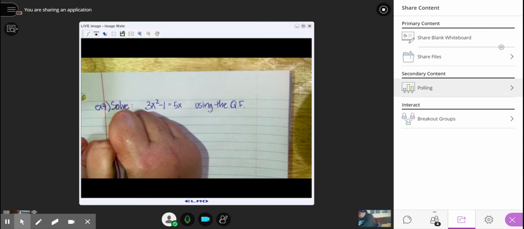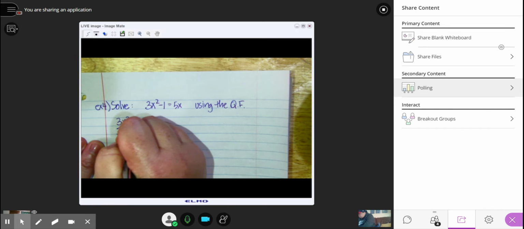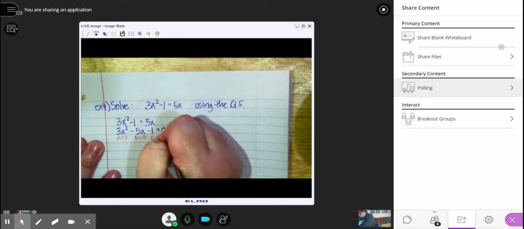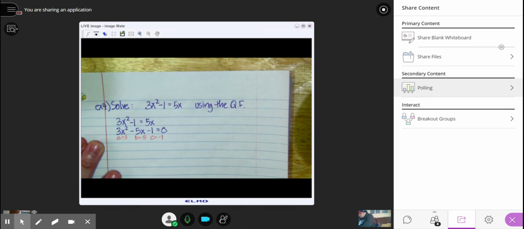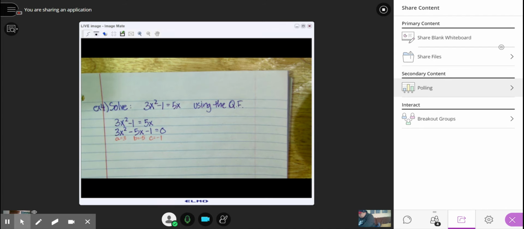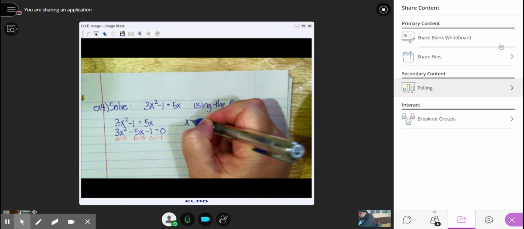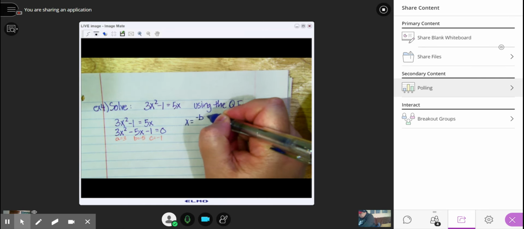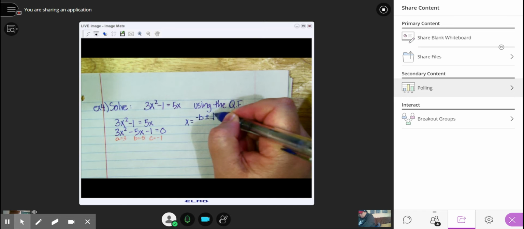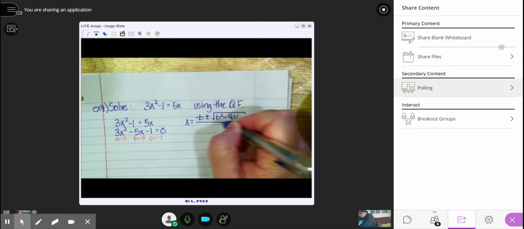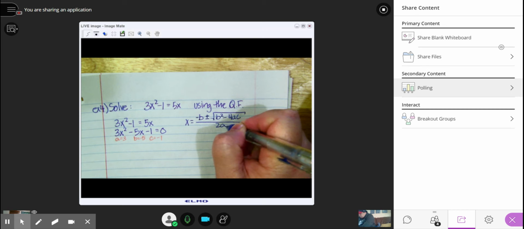Then we'll find our a, b is negative 5, and c is negative 1. Quadratic formula says x is equal to the opposite of b plus or minus the square root of b squared minus 4ac all over 2a.